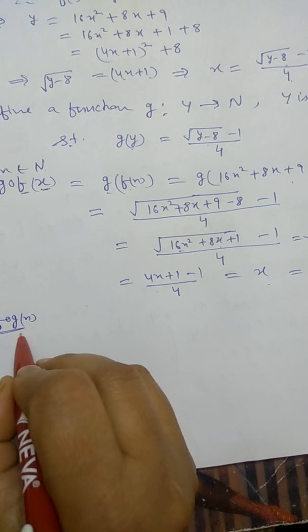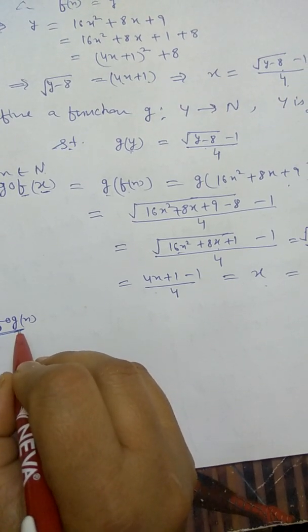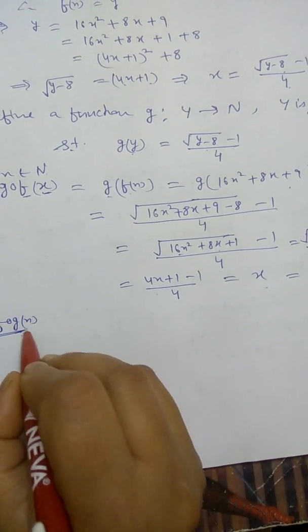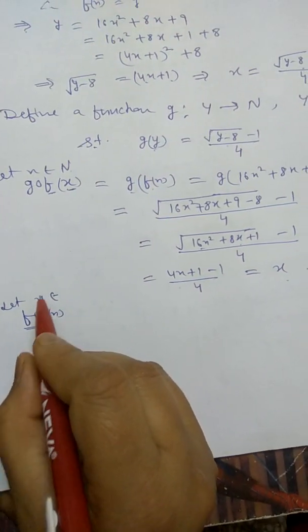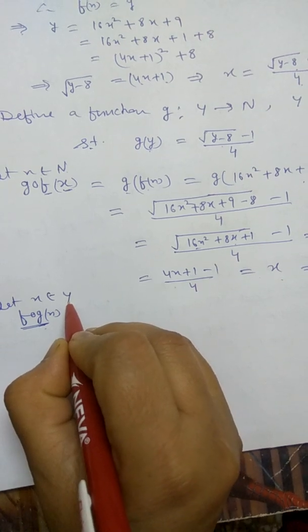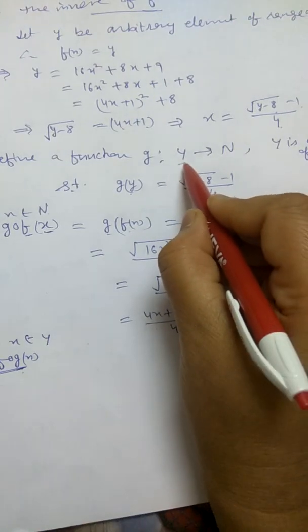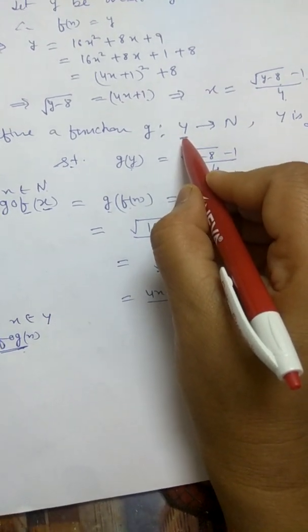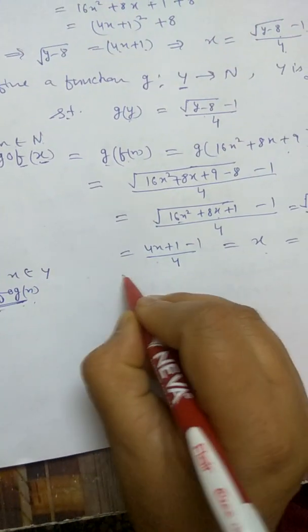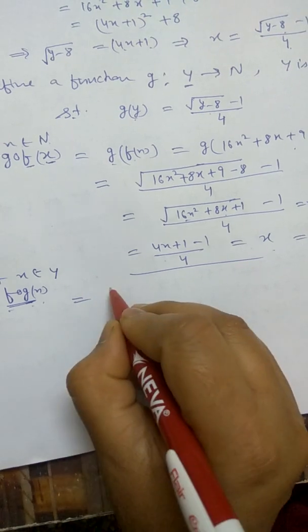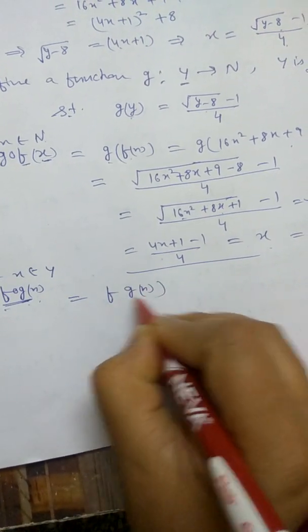F of g(x): here let x belong to capital Y, which is the domain of function g. F of g(x) is equal to f(g(x)).